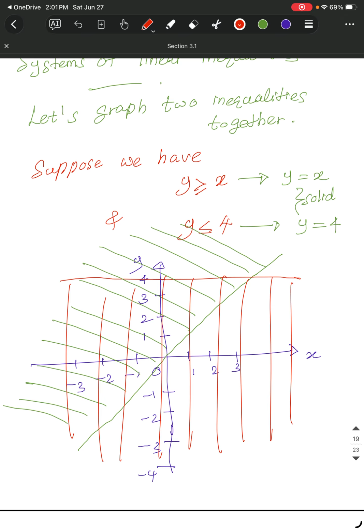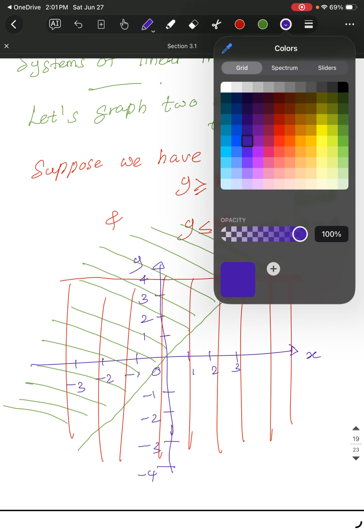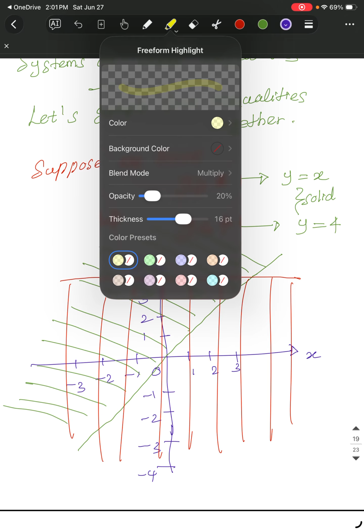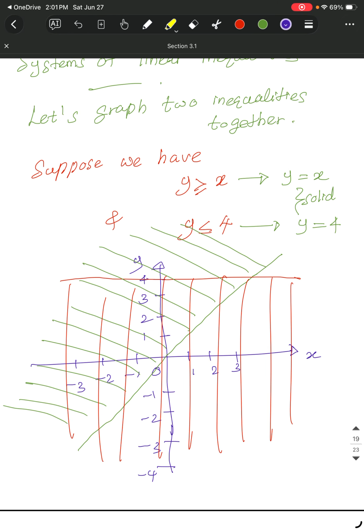Right? Two regions. The overlapping region is called the feasible region. So that means that feasible region satisfied the systems of inequalities. This feasible region is the solution set for this system of inequalities. The feasible region means the overlapping region.